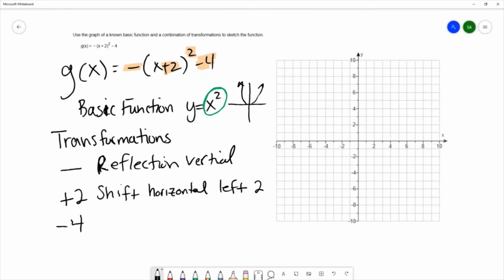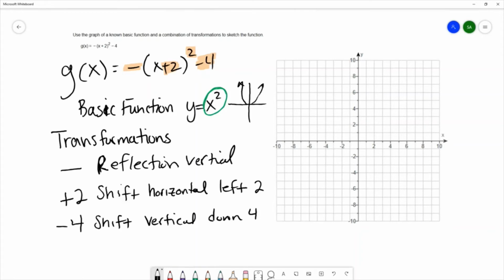The -4 is also adding or subtracting, making it a shift. And because that -4 is on the outside of our base function, it's a vertical shift. And because it's minus, it's down 4. So this information is going to help me draw the graph.